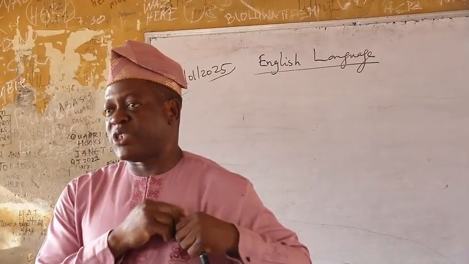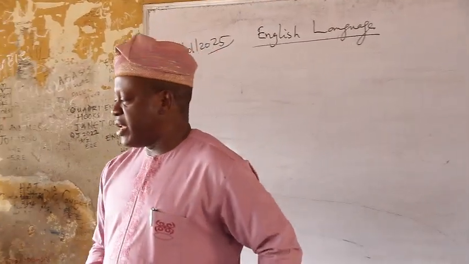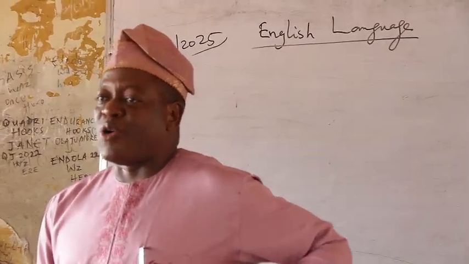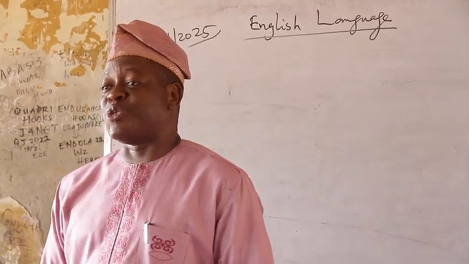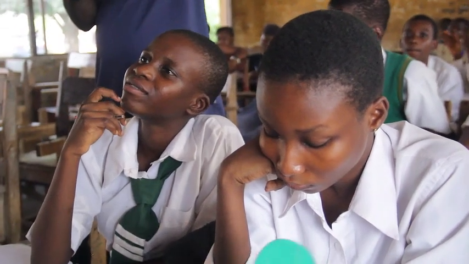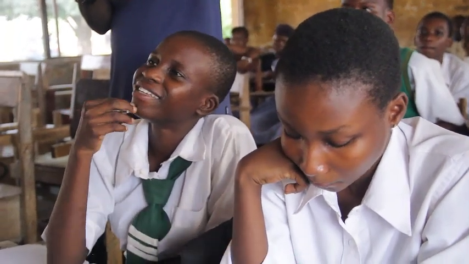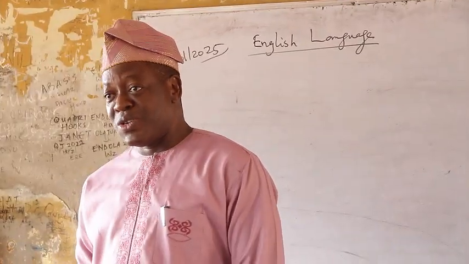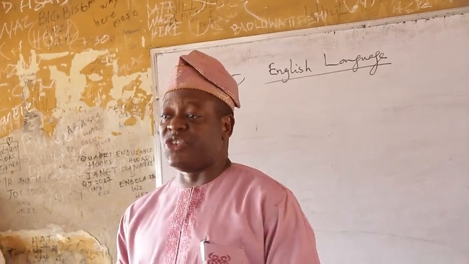The other time, we started with comprehension, how to answer comprehension questions. And then I told you comprehension of WAEC or UTME are different from what you were experiencing in the primary school and lower secondary schools, where ordinarily they would ask you to read a passage and answer the questions, and such passages are so simple that without using any logical reasoning, deduction, inferences, the answers are there in the passages.